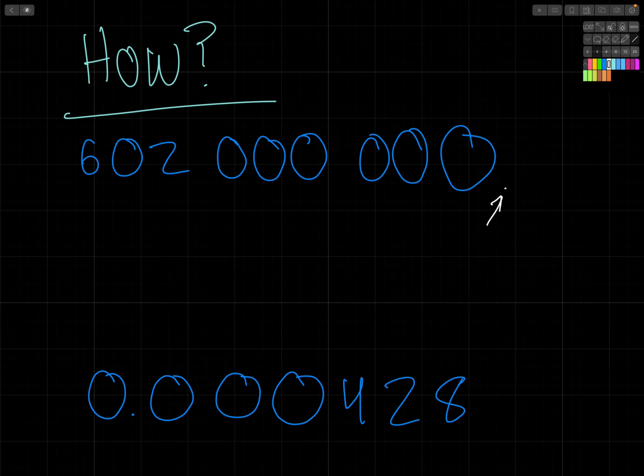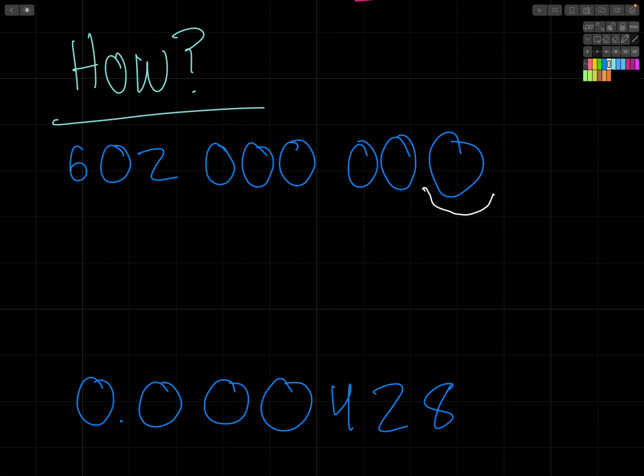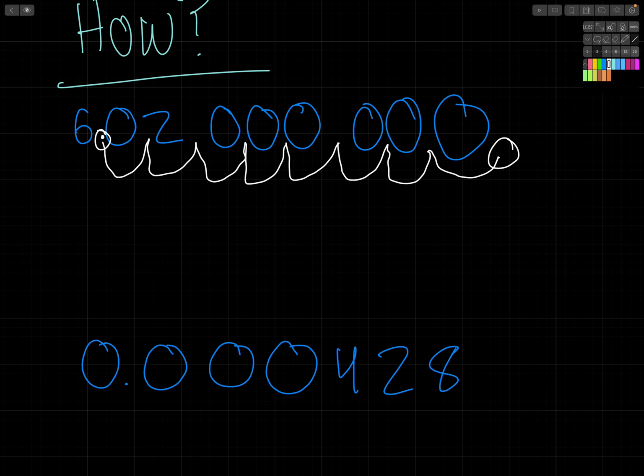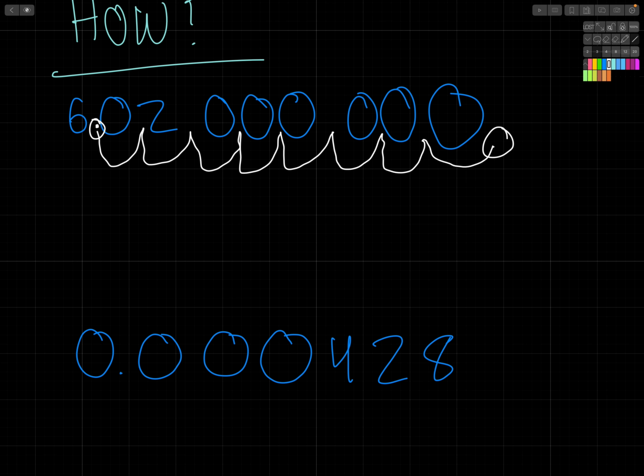So let's do this. So we do 1, 2, 3, 4, 5, 6, 7, 8. It takes us 8 times to get the decimal from here all the way to in front of the first number. So that means that we already know. We just write times 10 to the power of how many times the decimal place went to go to in front of the first number.